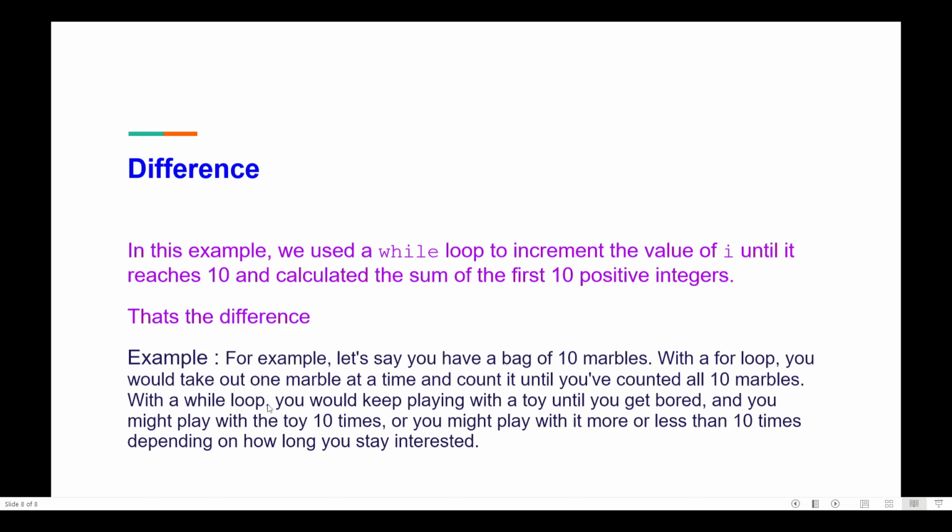While with a while loop, you would keep playing with the toy until you get bored, and you might play with the toys 10 times, or you might play more or less than 10 times, depending upon how long you stay interested. So in a while loop we can give certain instructions, and unless and until those conditions are met, the loop is still running. So that's the only difference between the while loop and the for loop.